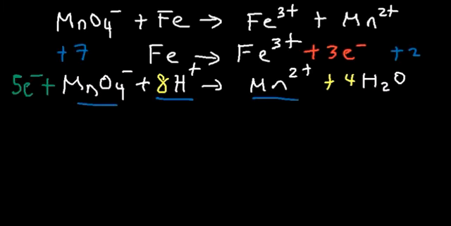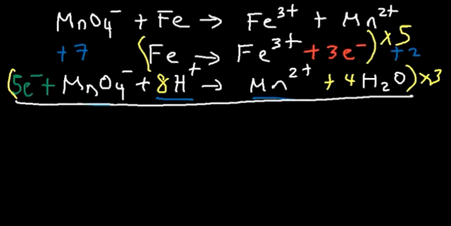The least common multiple between 3 and 5 is 15. So we're going to multiply this equation by 5 and this by 3. So now we have 5Fe, 5Fe3 plus, and 15 electrons.